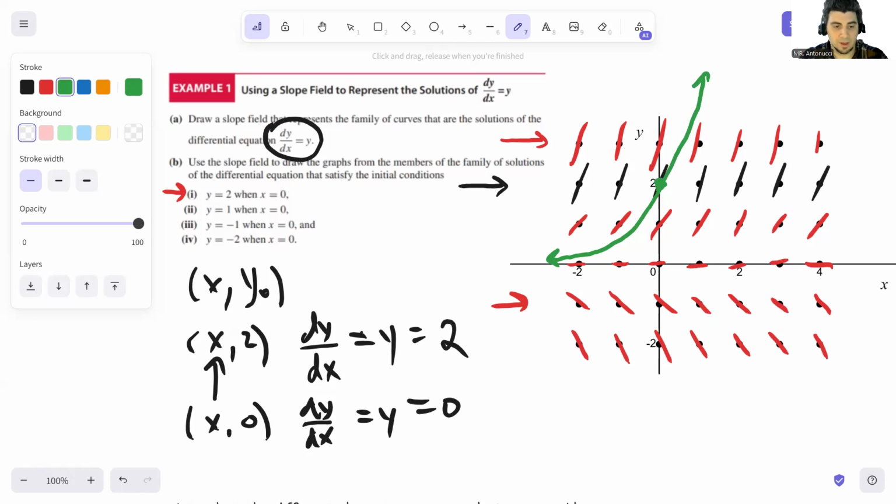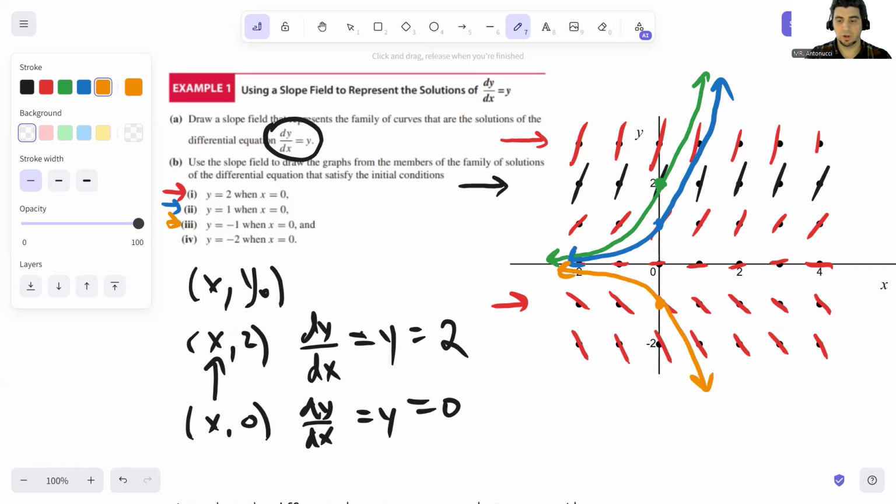If I do the next one, that's going to be the point 0 comma 1 right here, and the solution curve is going to look like this. Now, if I do the third one, that's 0 comma negative 1 right here, and the graph's going to look like this.